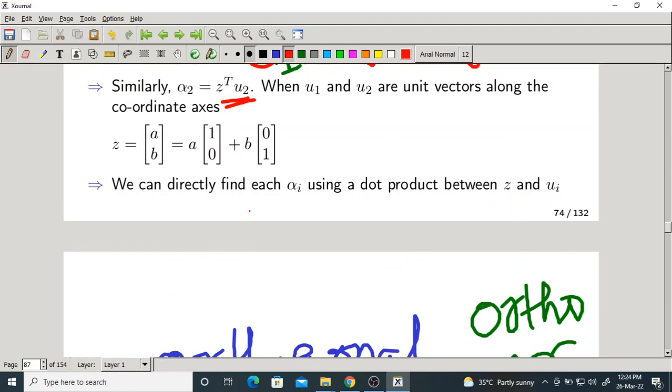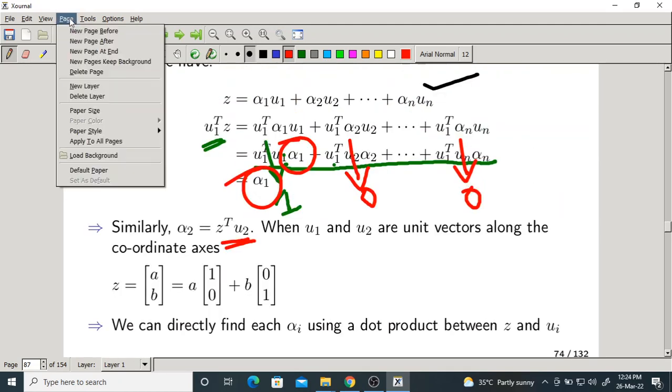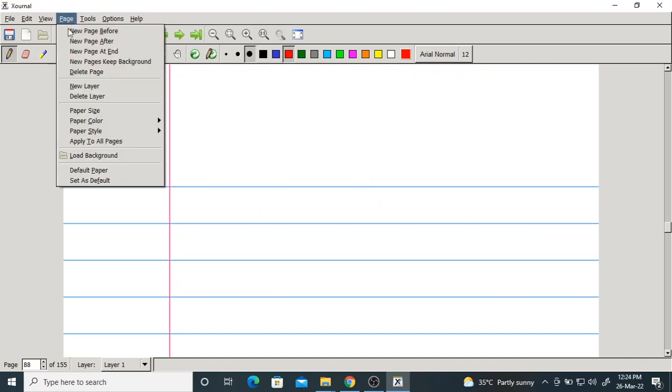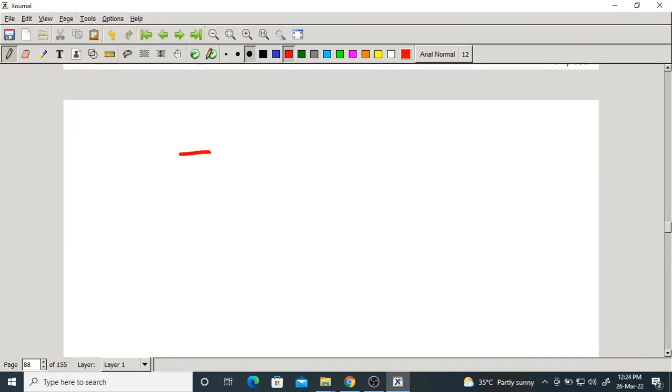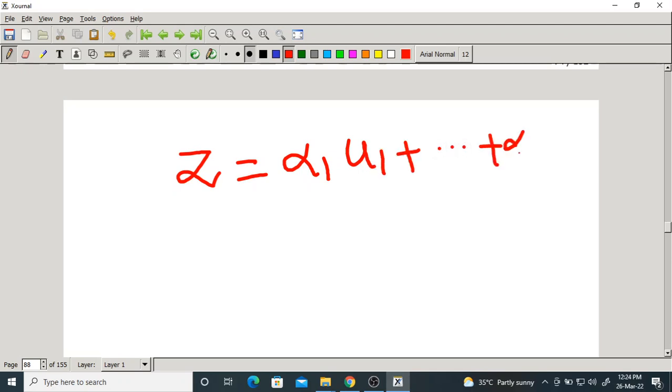From this, I can say that we have written Z equal to alpha 1 U1 plus so on, alpha n Un, isn't it?